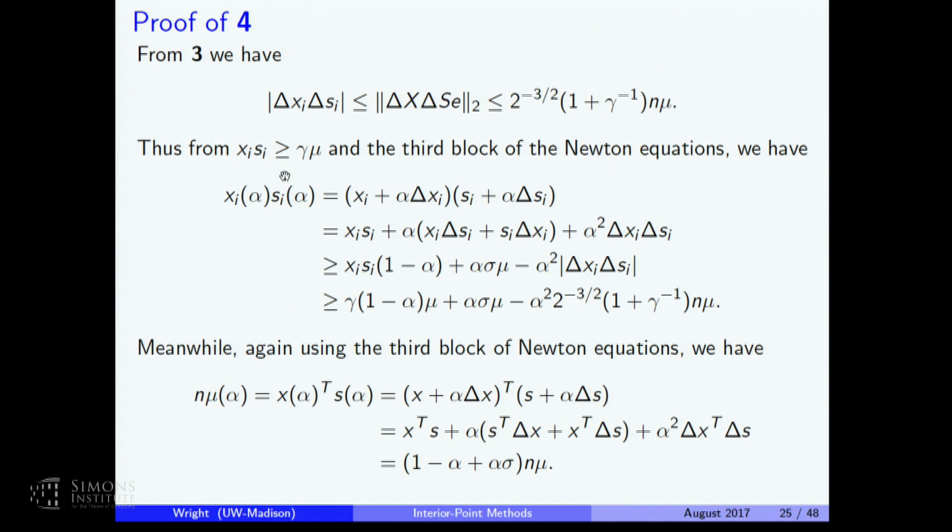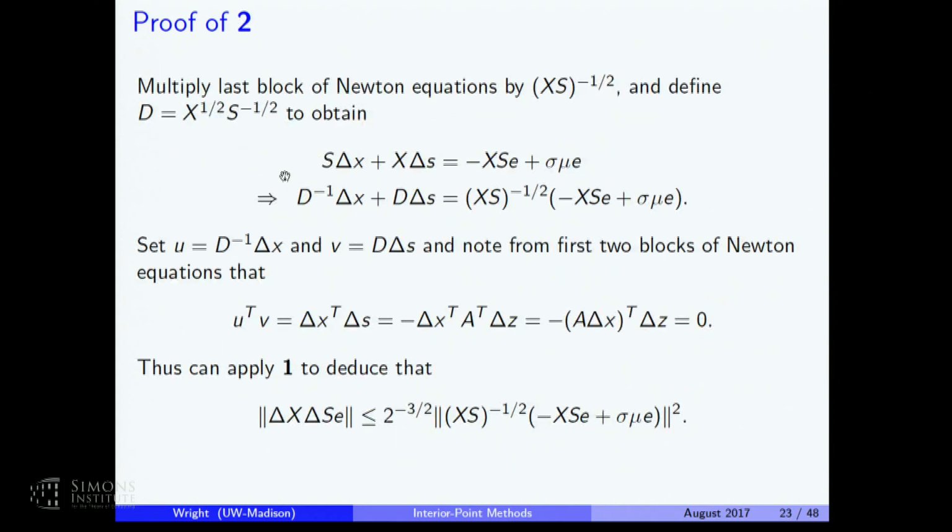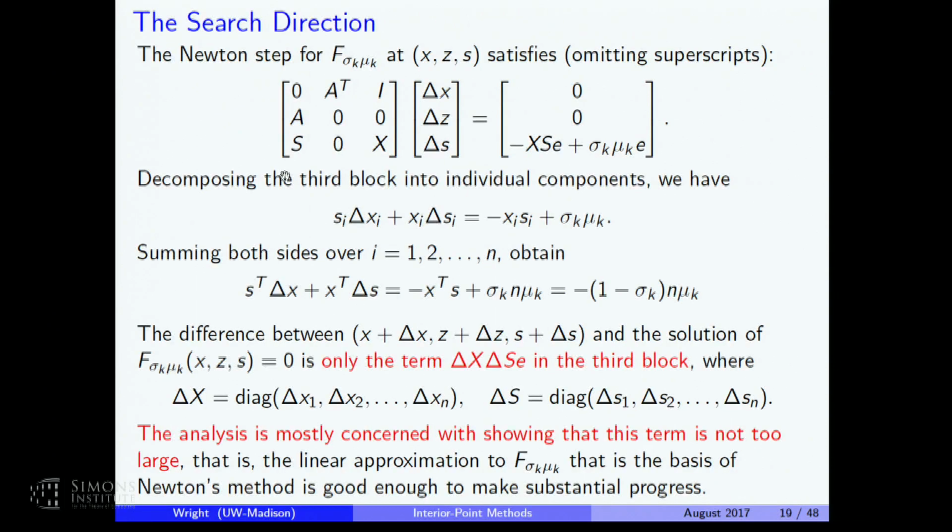I can say exactly what the right-hand side is, the n times mu of alpha, again by just expanding out what I mean by x of alpha, s of alpha. Again, I write it out as a quadratic in alpha. I again use the third row, all that hard work I did back here when I summed up the components of the left and right-hand side.